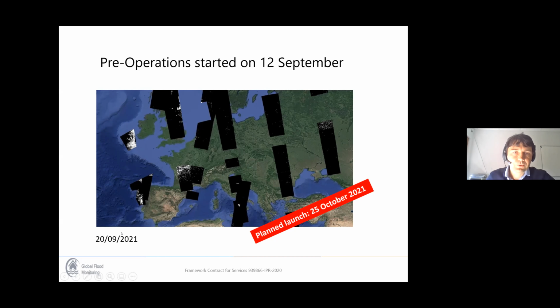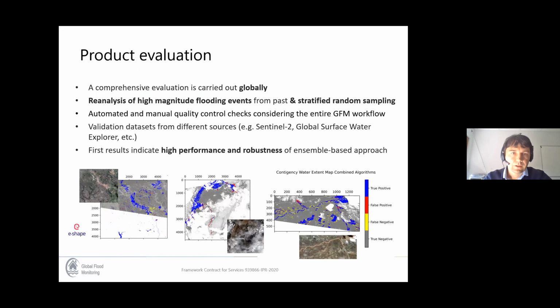You see here a screenshot of all the Sentinel-1 images that were acquired yesterday and that were processed by our software. We are busy now finalizing this system, making sure that the products meet the accuracy criteria from the JRC, and it's planned to launch the system on the 25th of October.